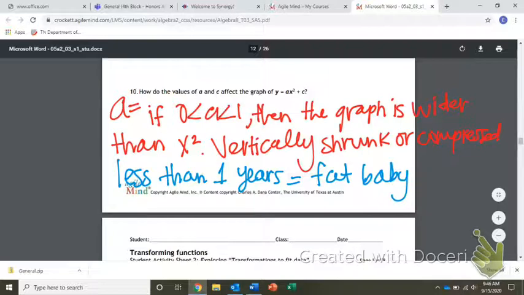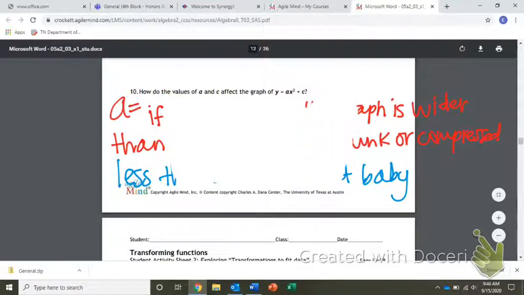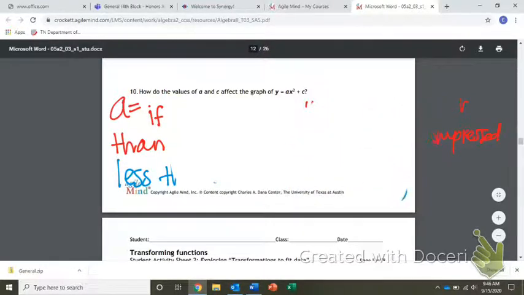You are wider. Silly way to remember, but I promise it helps. All right. Going to erase this and do the next one because I'm out of room. Remember, you can pause the video to write this down.